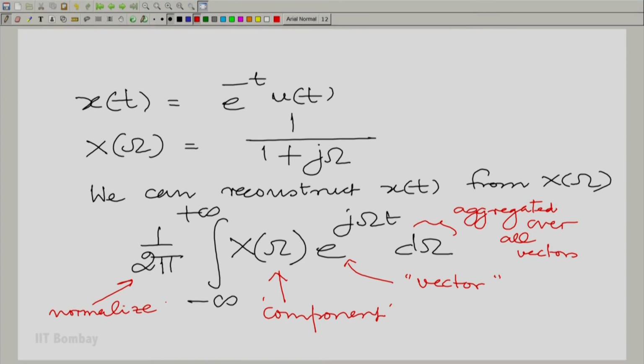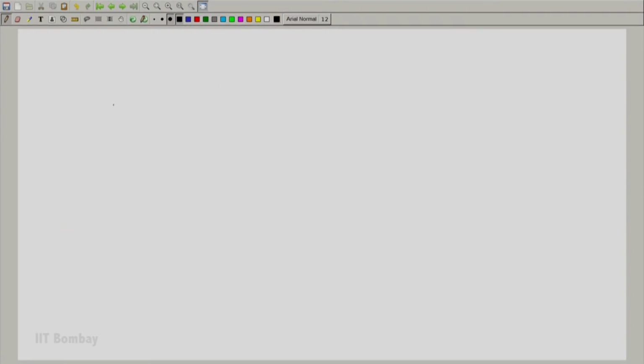We are saying that x(t) is essentially a combination of all these complex exponentials, e raised to the power j omega t. And of course, now look at X(omega) and X(minus omega). If you focus on this very expression here, X(omega) is the complex conjugate of X(minus omega).